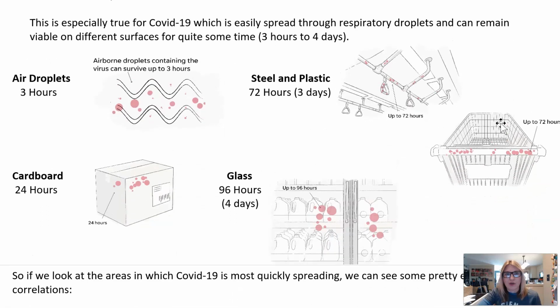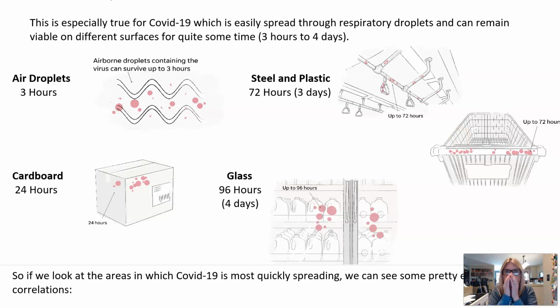So for example, we cough or we sneeze or whatever, and the virus is kind of spewed out in respiratory droplets, and then those droplets can stay in the air viable for 3 hours. Conversely, they could land on a different substance, for example, steel or plastic.